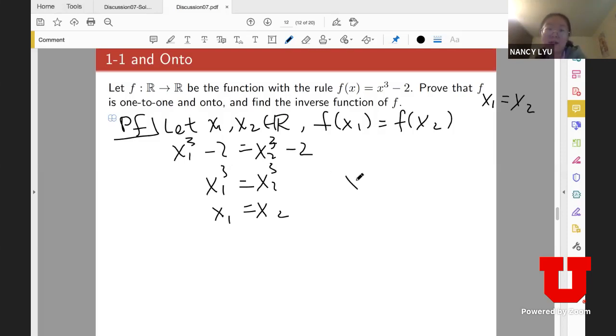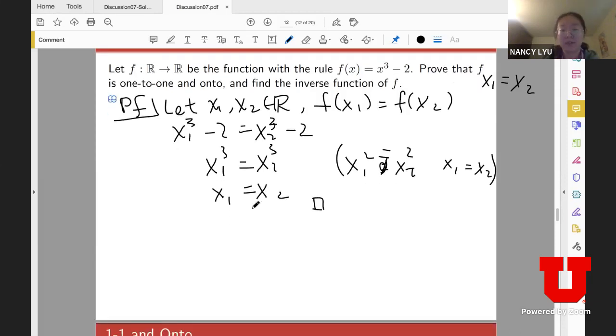Just a reminder, x1 squared equals x2 squared doesn't mean x1 equals x2, because you might have negative numbers. So we're done with the one-to-one proof. You have shown that if f(x1) is equal to f(x2), then x1 is equal to x2.